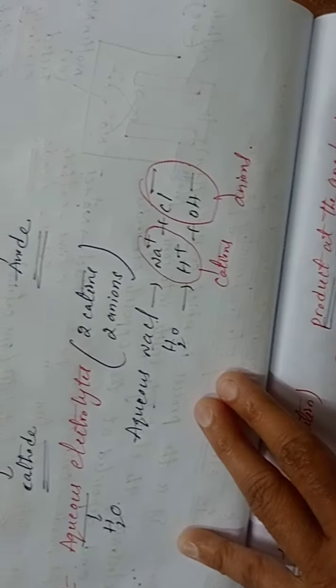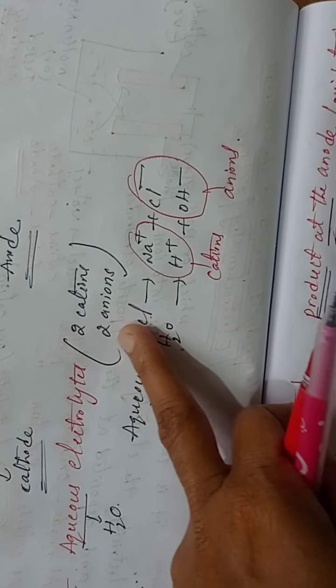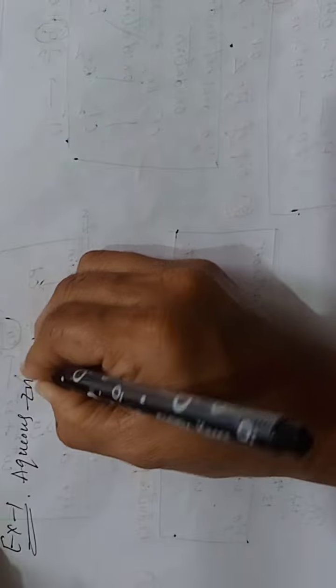Case 2 question, students. Here, I'm discussing aqueous electrolytes, where 2 cations and 2 anions are there. Now I'm discussing the case of aqueous zinc sulfate. Example 1: aqueous zinc sulfate solution.